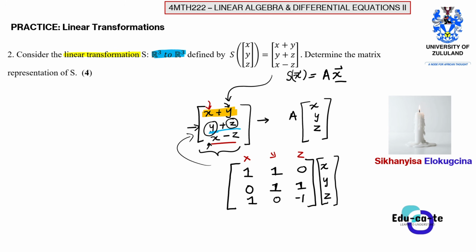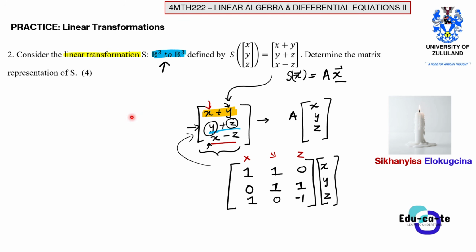So this is the matrix corresponding to the transformation of XYZ into X plus Y, Y plus Z, X minus Z. So we're doing a linear transformation. But in this particular linear transformation, we can see that the dimensions remain the same. R3 to R3. We are not changing the number of entries.